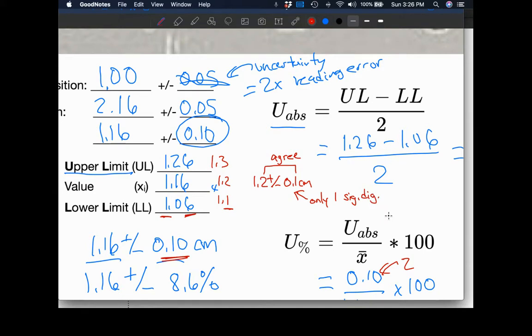That should make sense if you think about it, because if it involves 2 different decimal places, then it's introducing uncertainty into 2 places. And if we don't know what's going on in the tenths place, we certainly have no business talking about the hundredths place. So the first rule is to be aware that these 2 should agree. And secondly, the uncertainty should always and only have 1 significant digit.